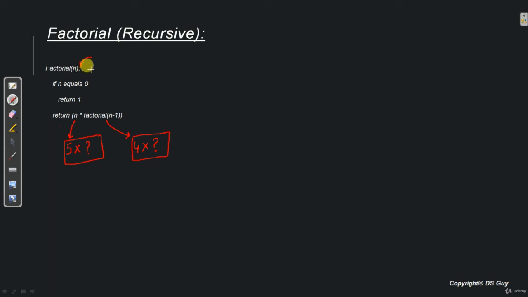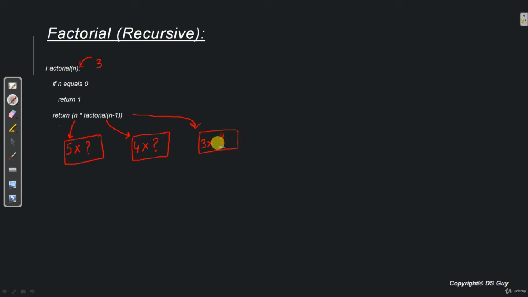If n equals 0, no, it is not. So it returns n into factorial n minus 1. So this will now return 3 into factorial of 2. So the system once again says, I don't know the value of factorial 2.